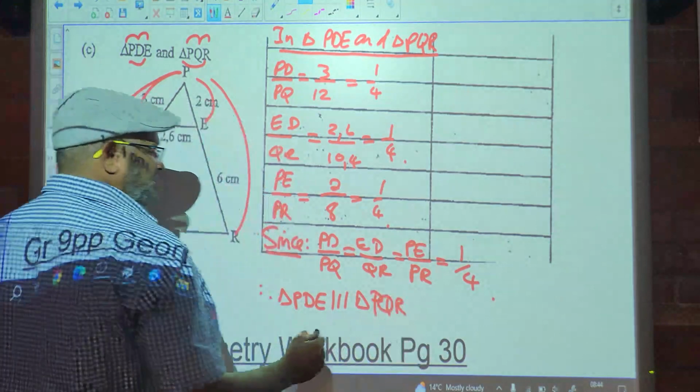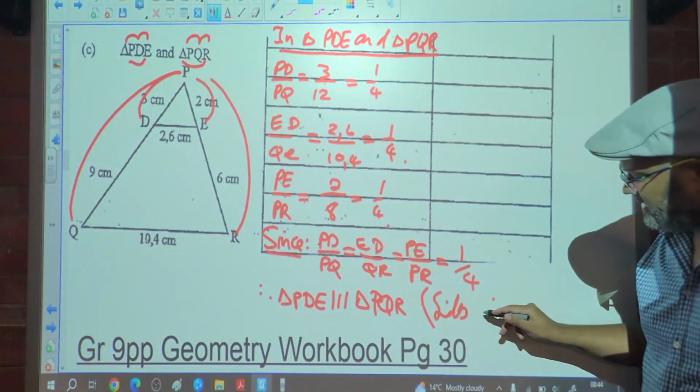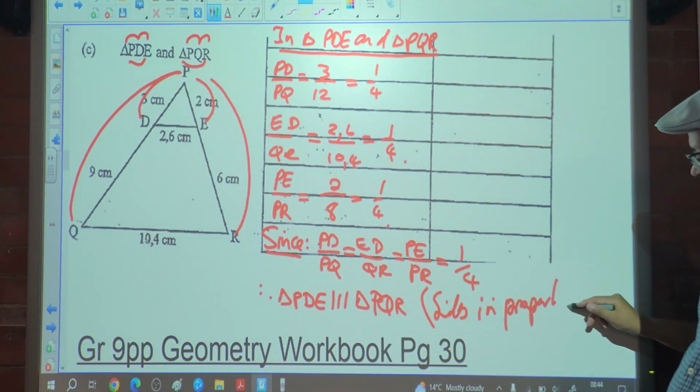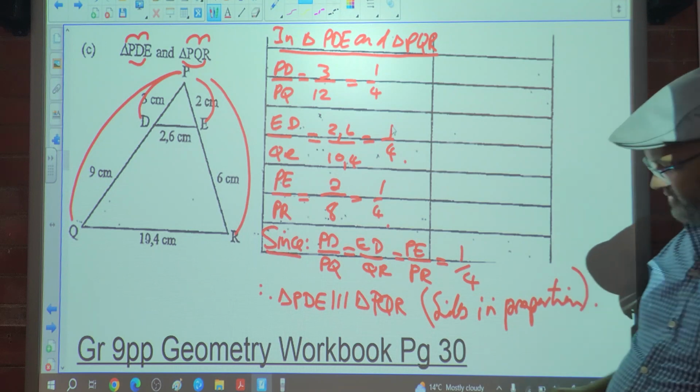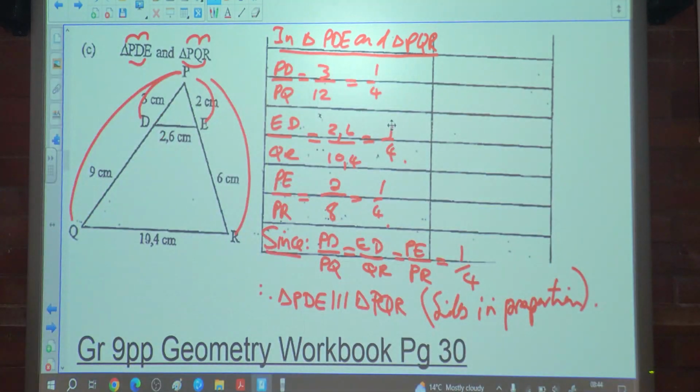Why? Why are they similar? Sides in proportion. Sides are in proportion. Okay.